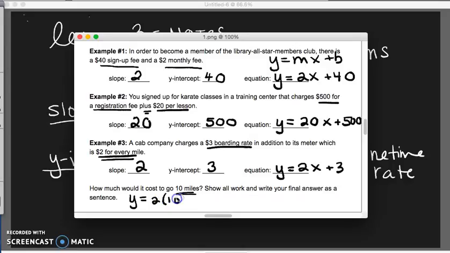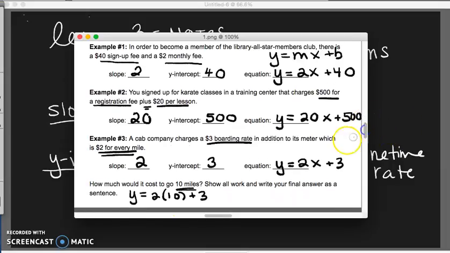Whenever you substitute a number into an equation, you have to make sure you put parentheses around it. Following order of operations, this is being multiplied: 2 times 10 is 20. Then you add your boarding rate, so y equals 23. As a sentence, you would write, it would cost $23 to go 10 miles in the cab.